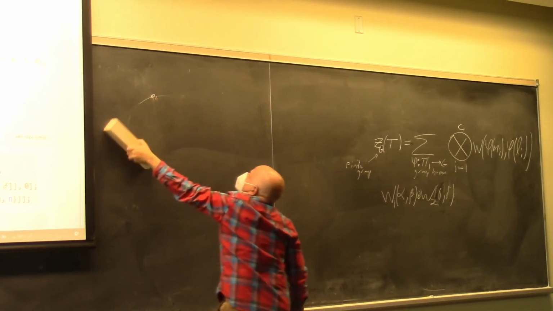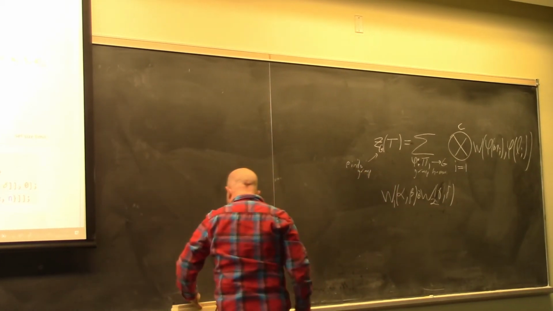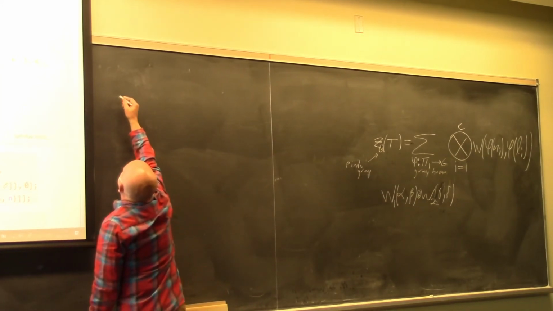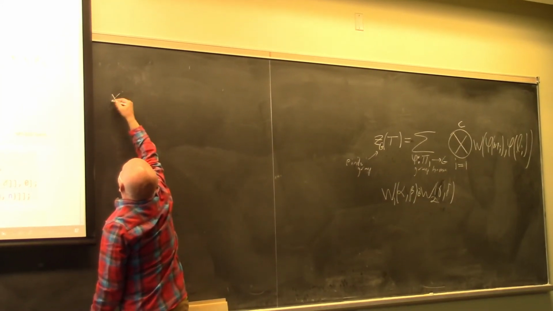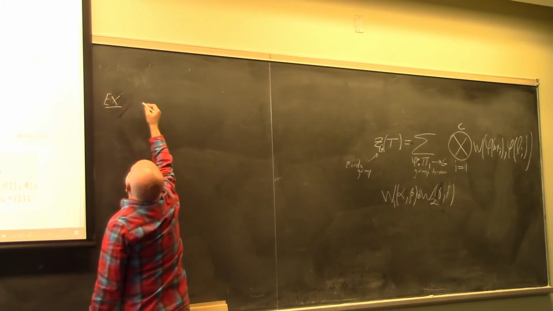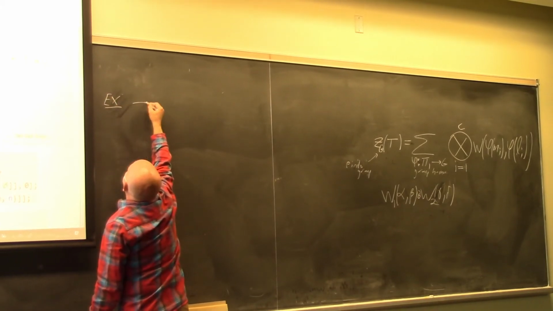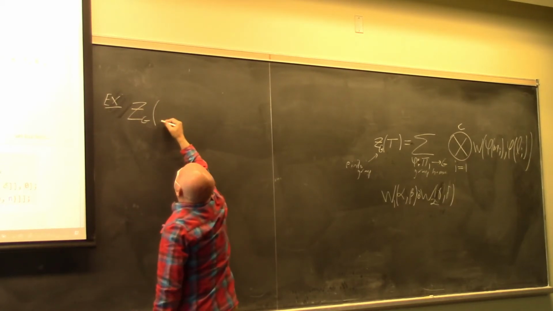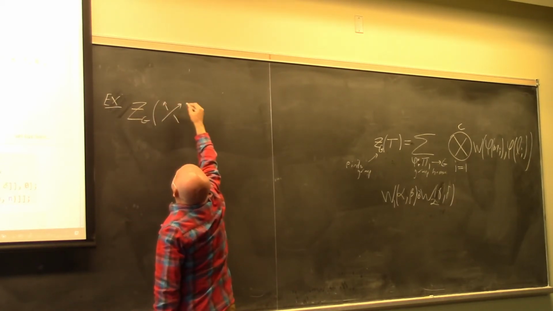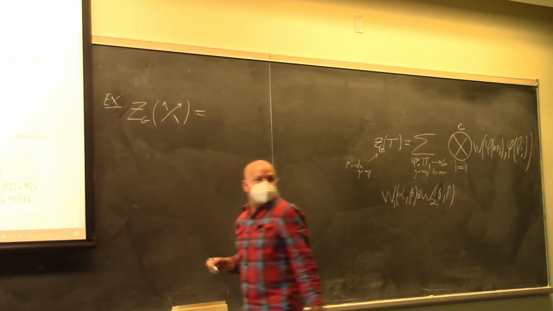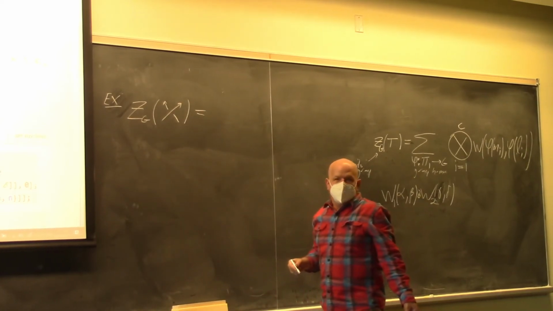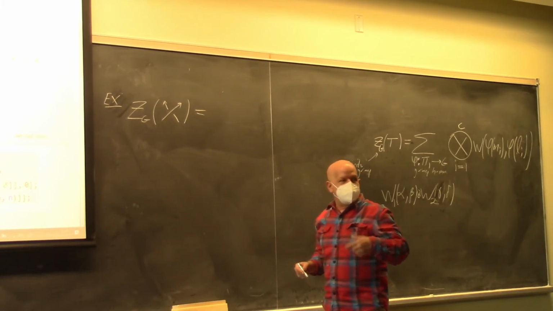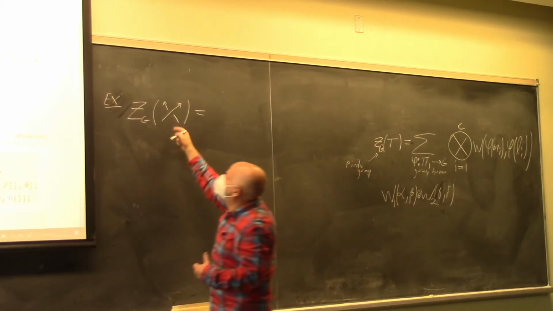We may as well call it an example. So let's compute Z, or Z sub G, of the overcrossing. The overcrossing is simply a tangle. Okay? So first of all, what is the fundamental group of the complement of this?